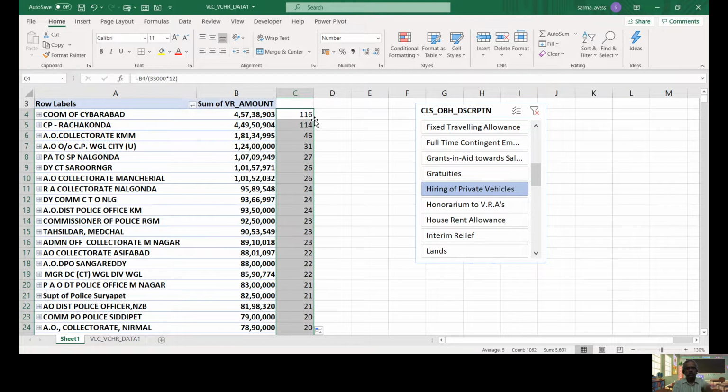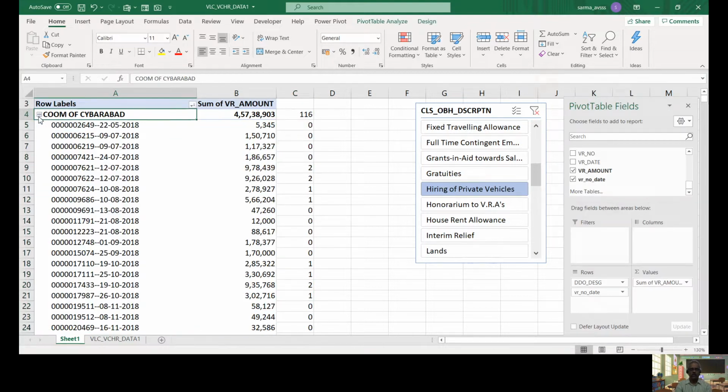That means on average 116 vehicles in a month they hired, isn't it? So whether they hired 116 vehicles, maybe we can pick up those vouchers. Now if you click here, we will get the voucher numbers. These are all voucher numbers, right? And maybe we can check.